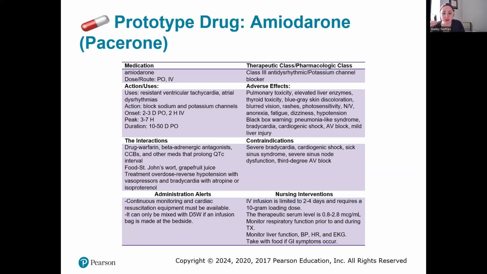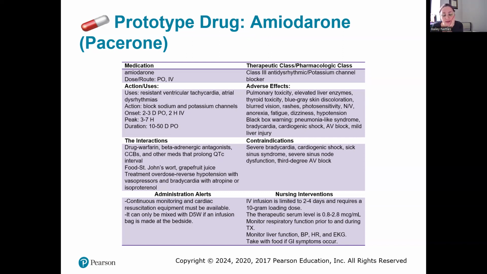Treatment for overdose: reverse the hypotension with vasopressors, reverse bradycardia with atropine. Contraindications: severe bradycardia and cardiogenic shock, because those are the black box warnings, sick sinus syndrome, which is a type of arrhythmia, severe sinus node dysfunction, and third-degree AV block.